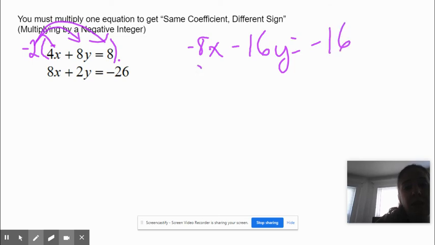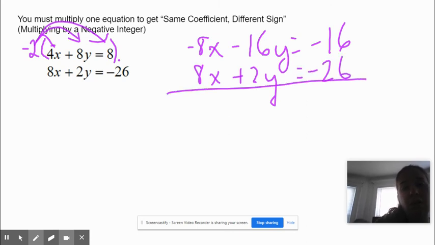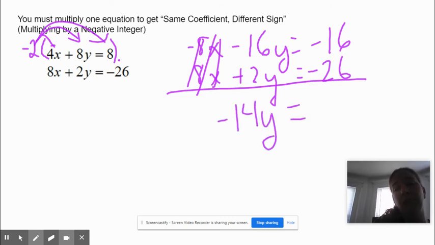And then I rewrite. These cancel out. Negative 16 plus 2 is negative 14y. And that equals negative 42.